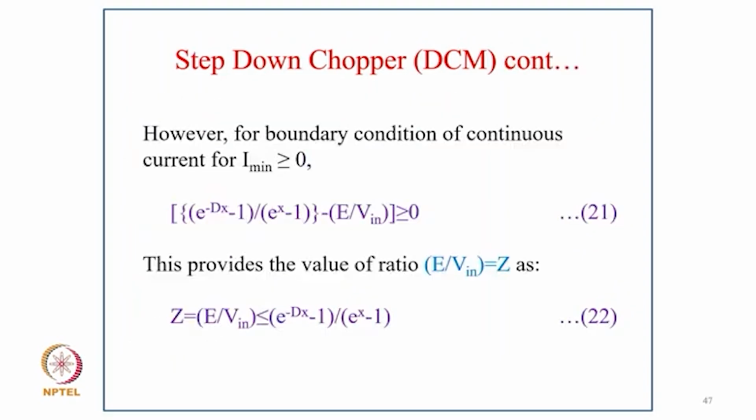However, for the boundary condition of continuous conduction, for I minimum greater than or equal to 0, that is (e to the power minus D x minus 1) divided by (e to the power x minus 1) minus E upon V in should be greater than or equal to 0. So this provides the value of the ratio E upon V in equal to z, where z is equal to E upon V in and must be lesser than (e to the power minus D x minus 1) divided by (e to the power x minus 1).